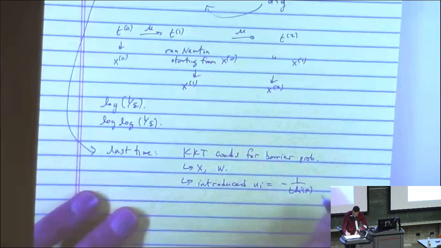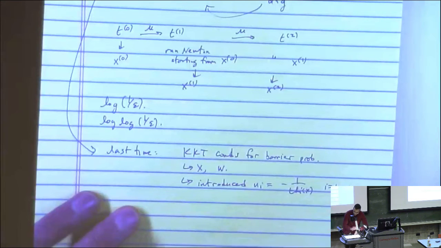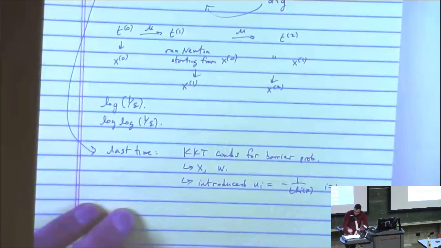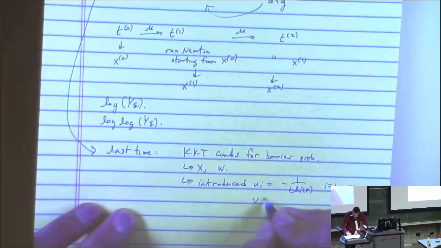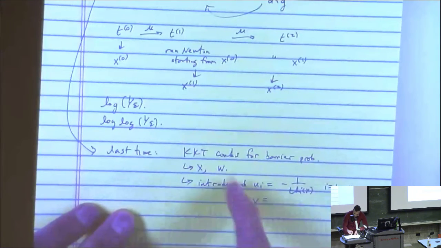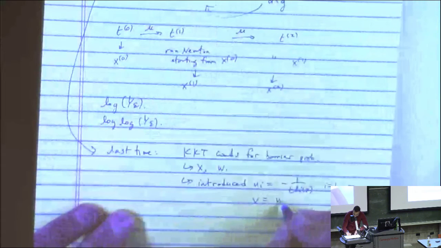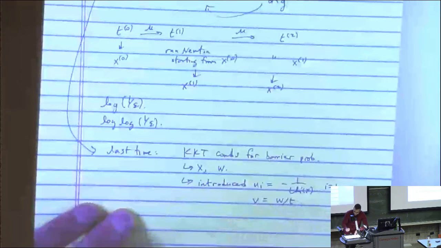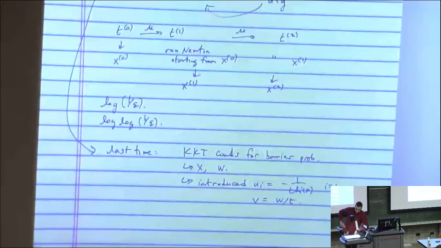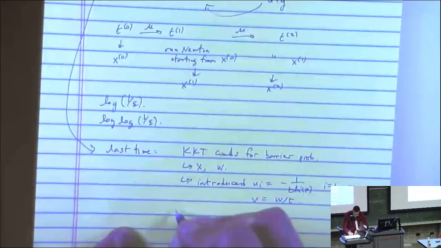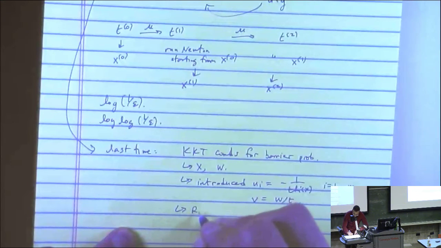And we defined this for each one of the inequality constraint functions. And v, which we defined as this dual variable for the equality constraint in the barrier problem, we just scaled by t. And we then rewrote the KKT conditions in terms of x, u, and v.